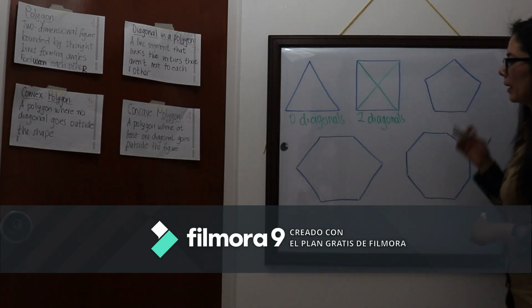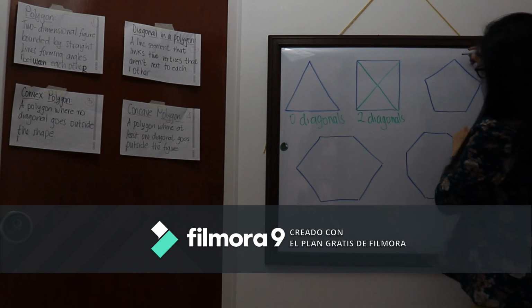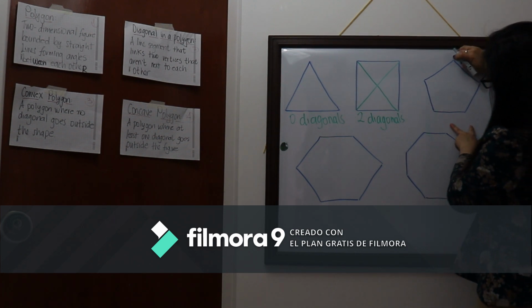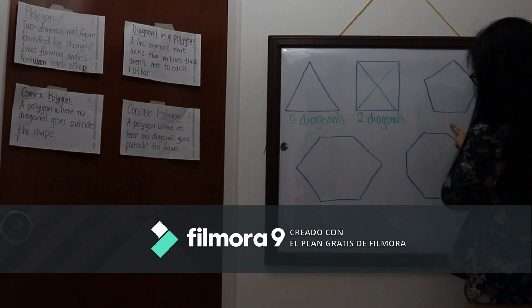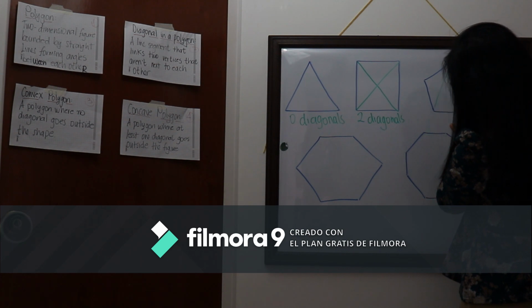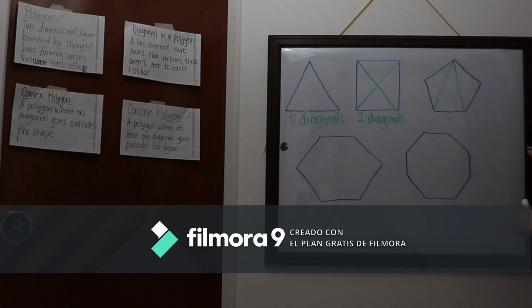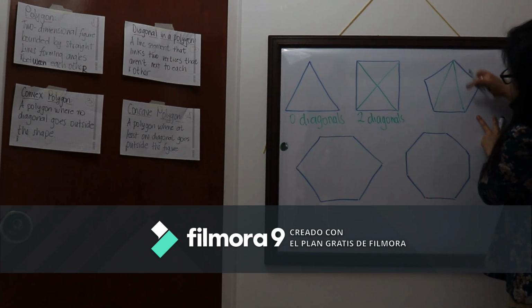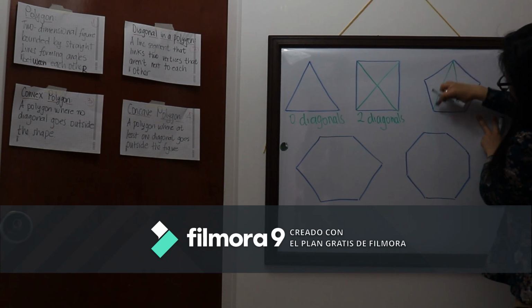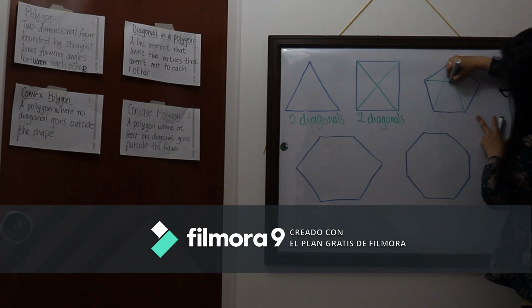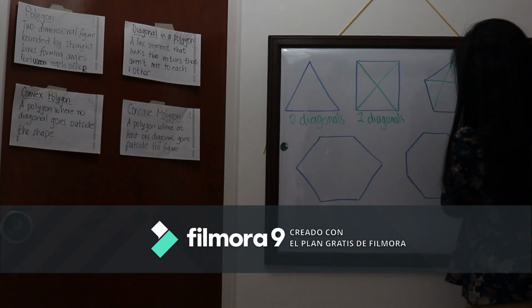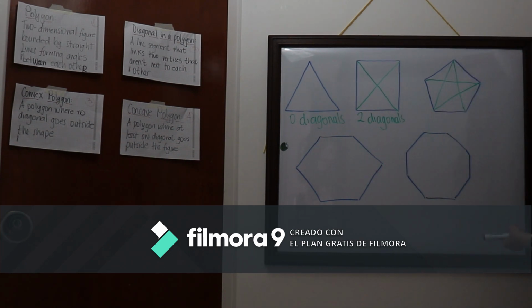Now if I go to the pentagon, I can start with this vertex over here, and I know I cannot use any of these, but I can definitely go and draw these 2, right? And if I use this one over here, I cannot use these 2, but I can definitely use these 2. So here's 1, and here's 2, another 1.